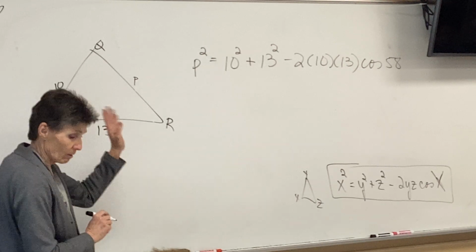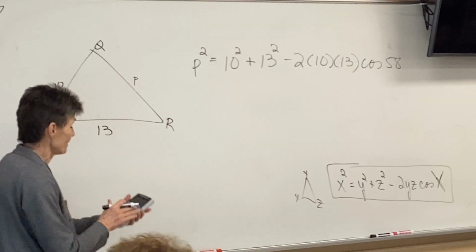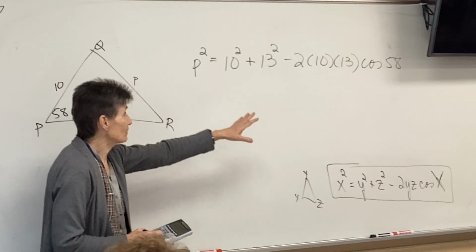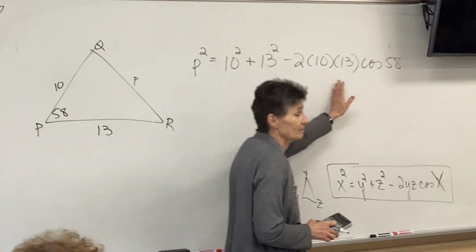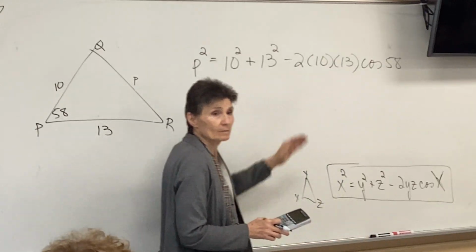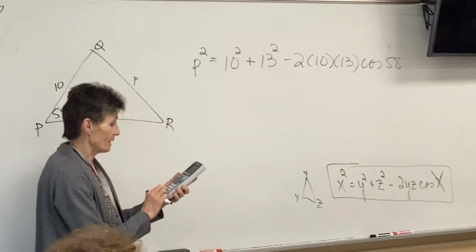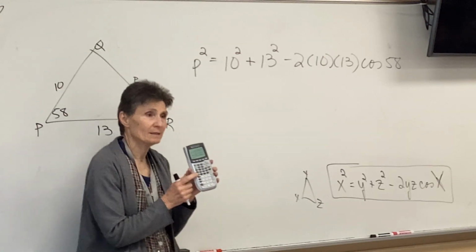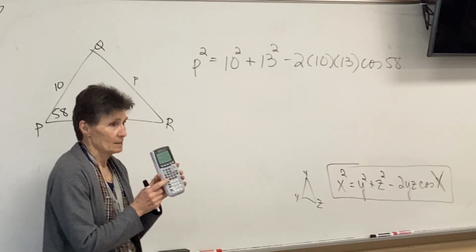Okay, now, back to our problem that we're solving here. I'm going to go to my calculator now, and I'm going to type this in. Everybody do it with me. 10 squared, you have a squared button, use it.